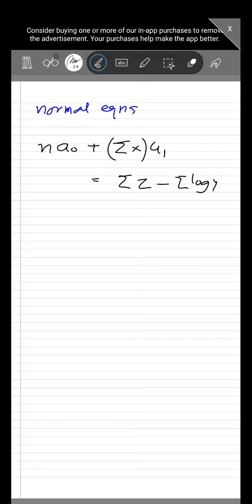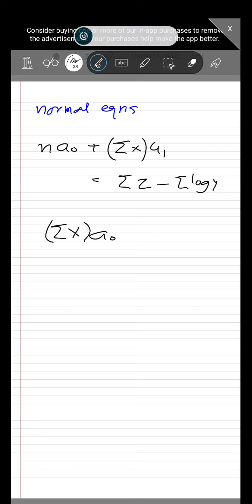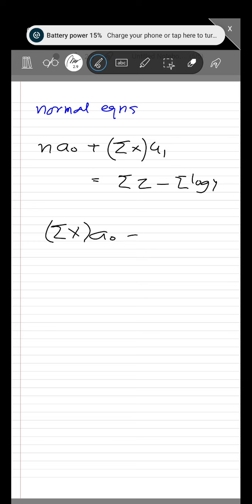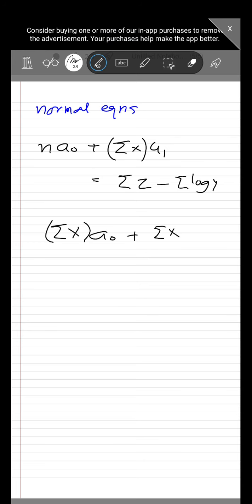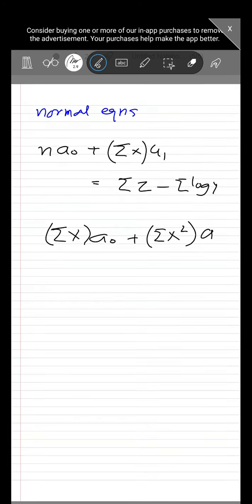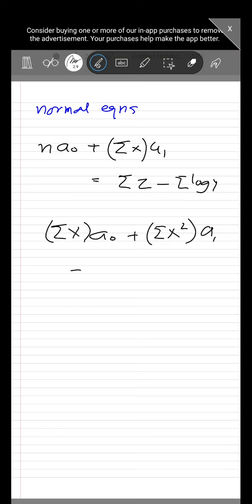And the next equation will be summation of x into a0 plus summation x square into a1 is equal to summation x z.